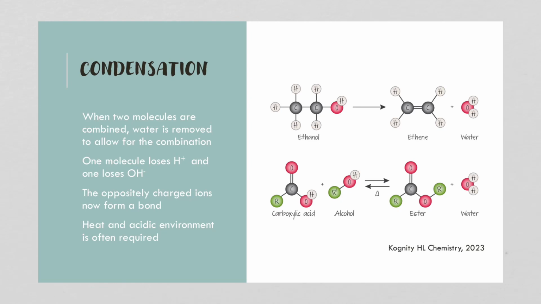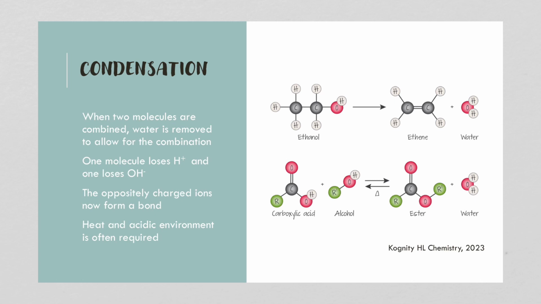So condensation reaction. That is something we talked about a few times in biology. Whenever we're combining two molecules, water is removed to allow for the combination. So one molecule will lose OH. So in this example, if we're combining ethanol and ethene, you combine the two together and you end up with ethene plus water.